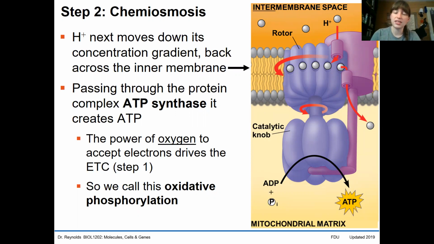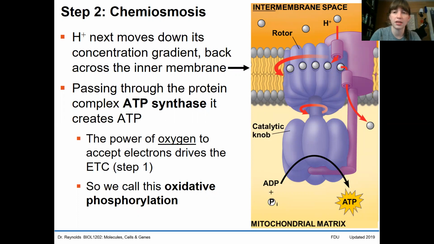As the protons move back through this ATP synthase, we're going to turn a rotor in ATP synthase, which actually catalyzes the reaction by which we generate a molecule of ATP by combining an inorganic phosphate with ADP. This is different from substrate level phosphorylation, where an enzyme steals a phosphate from another molecule. Here, we're attaching a phosphate that's just an inorganic phosphate floating around the cell to a molecule of ADP to create ATP.